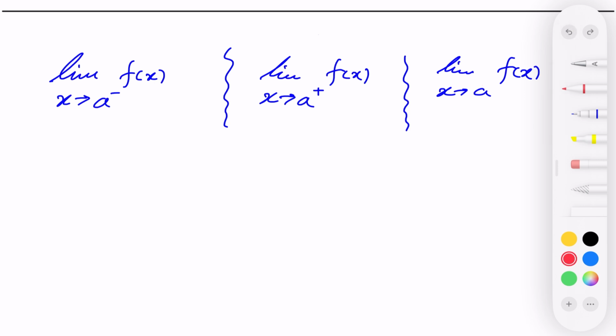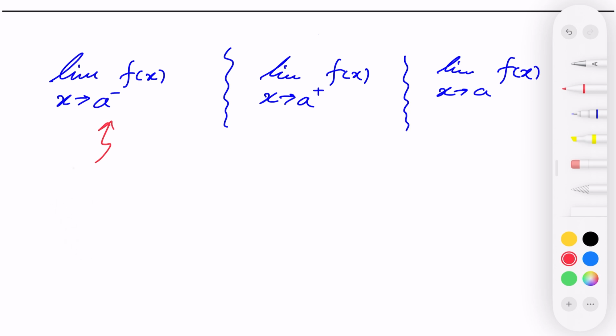We can write it that way only if the left-hand limit is equal to the right-hand limit. In such cases, we don't need to specify whether x approaches a from the left-hand side or the right-hand side. Let's first look at this one real quick: x approaches a from the left-hand side of f of x. What does that mean?